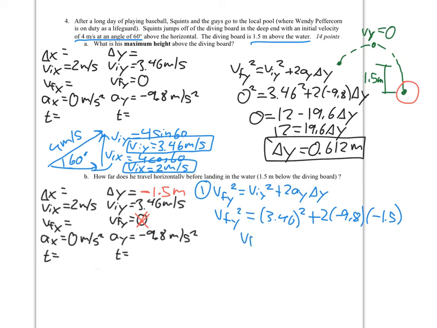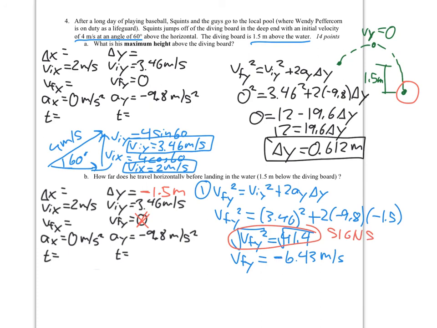And so I find that VFY squared is equal to 41.4. Taking the square root of that, I get that VFY is 6.43, but I have to consider my signs whenever I take this square root of VFY squared. Because this is going down, it's actually going to be negative 6.43.